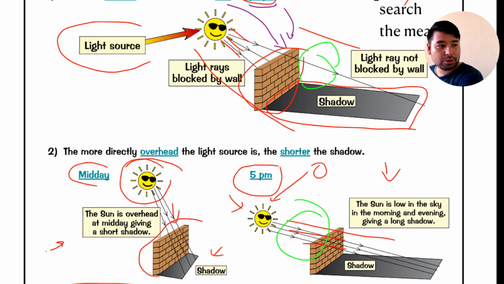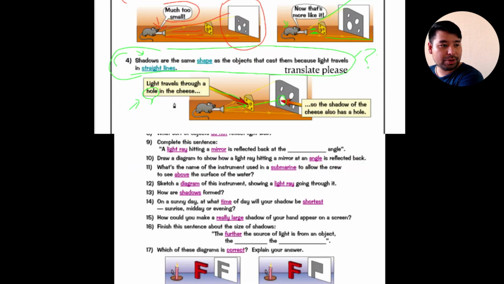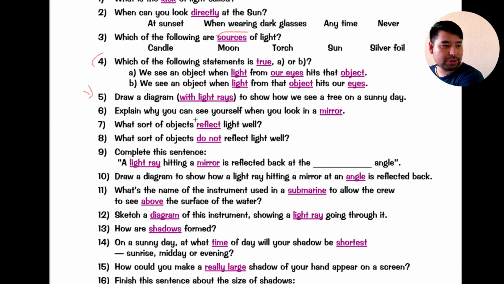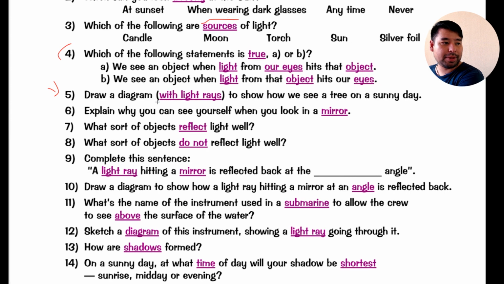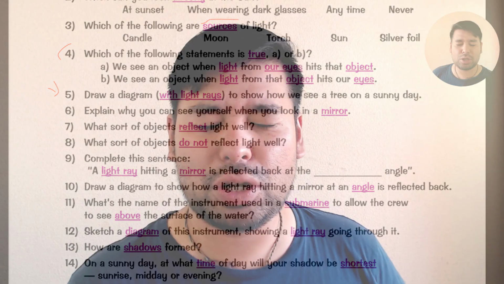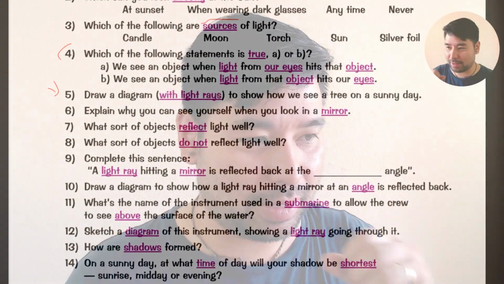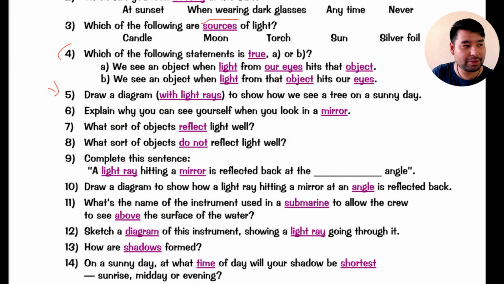You use it as an example, but you do it with the scenery described here in the picture. We need a tree, and then these light rays, and that's the thing. So this is what you were supposed to do on number 5. Do it better than I did. That's it for number 5.